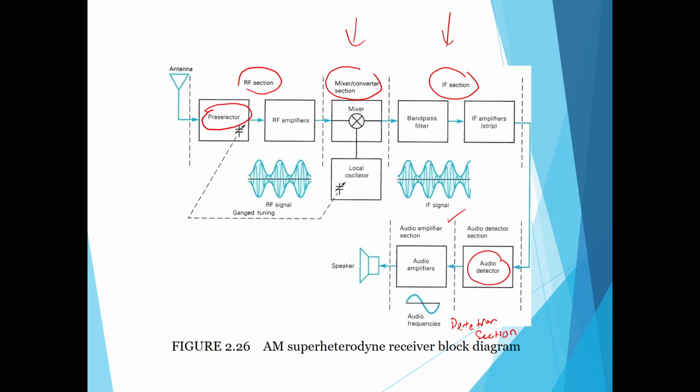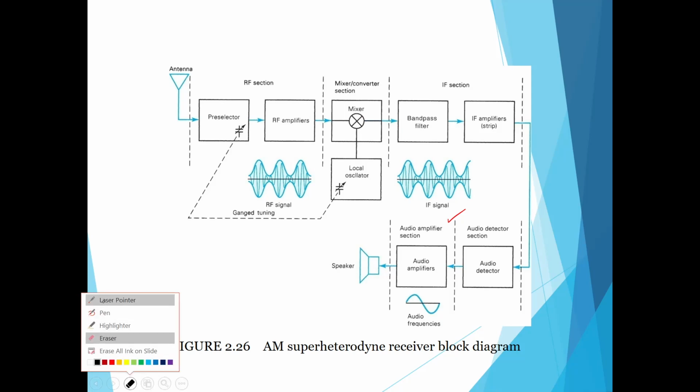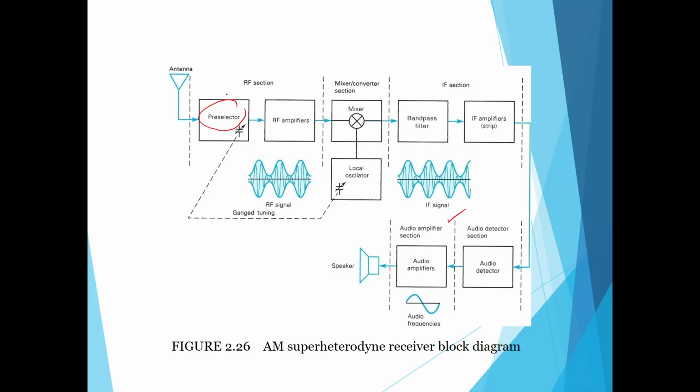So the first section is the RF section. The RF section consists of the preselector, or what we call the tuned circuit, which selects only the desired band of frequencies and removes the others.